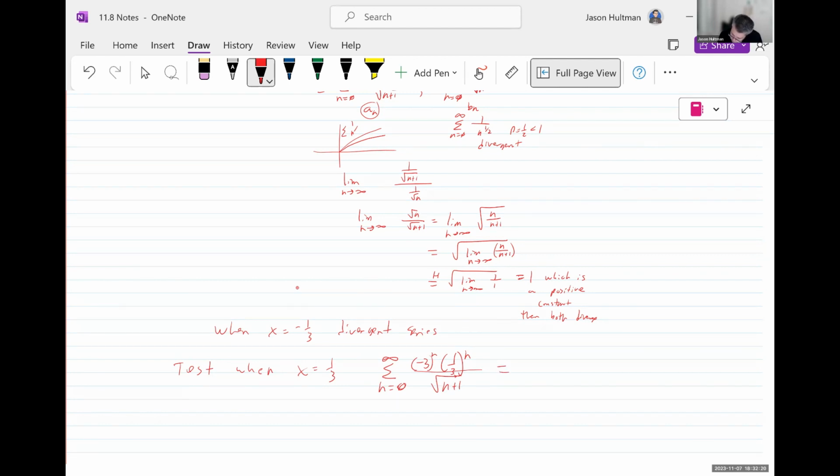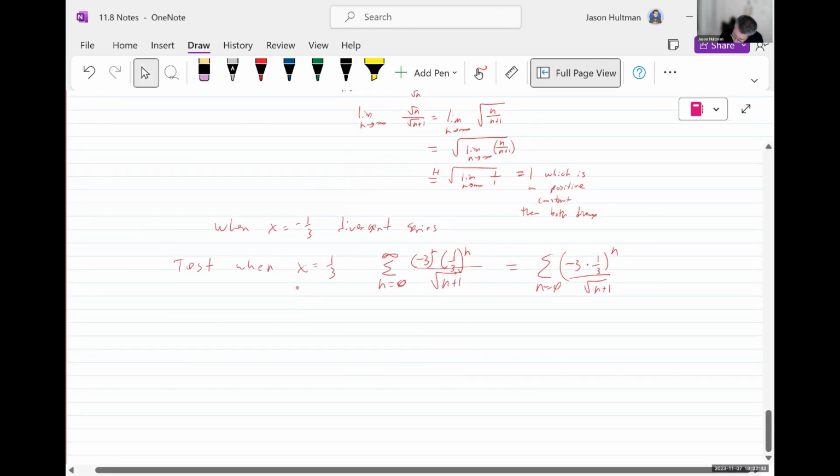This becomes negative 3 times 1/3, to the nth, over the square root of n plus 1, which is equal to the summation n equals 0 to infinity of negative 1 to the nth over the square root of n plus 1.